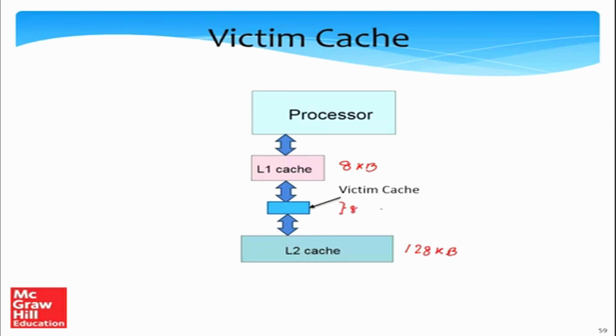If one entry is 64 bytes, 8 entries will be 512 bytes, or essentially half a kilobyte. Half a kilobyte is not really a lot. It's not tremendously increasing the size, but it can make a fair amount of difference.